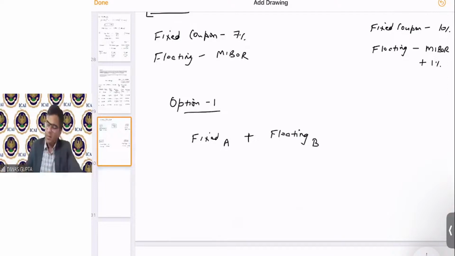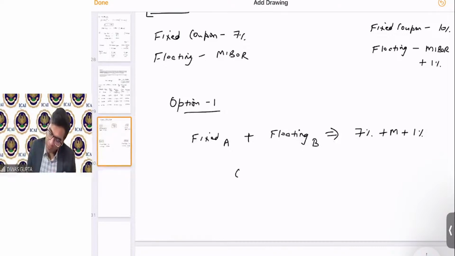Then what is going to be the rate of interest? 7% collectively for both Company A and Company B put together. The rate of interest will be 7%, which is fixed for A, and floating for B is MIBOR plus 1%. Clear, students, till now? This is the first combination.